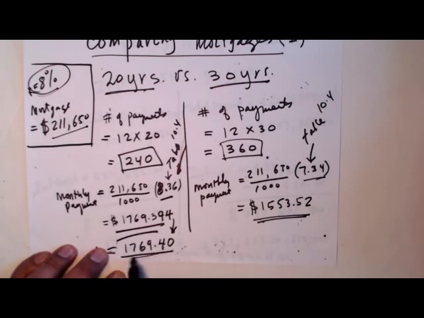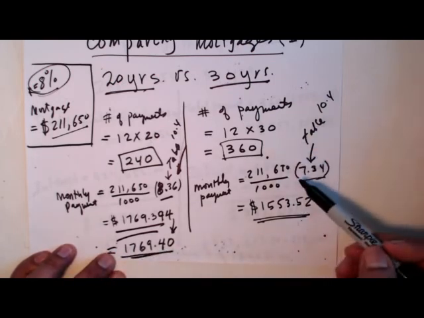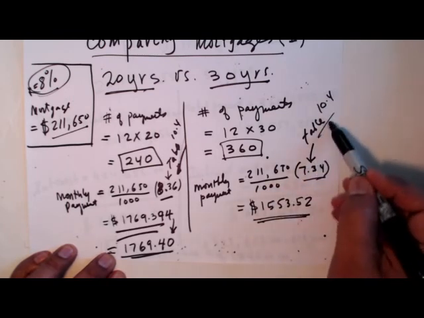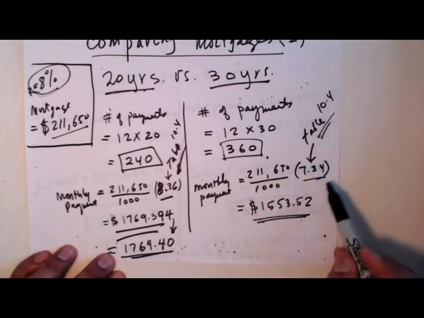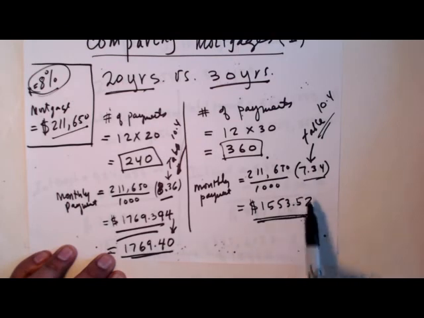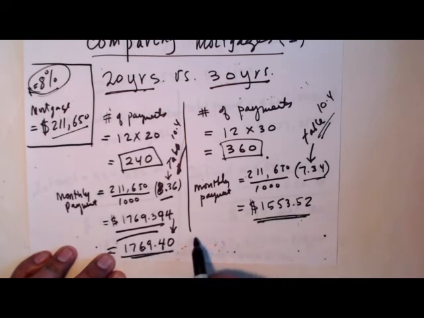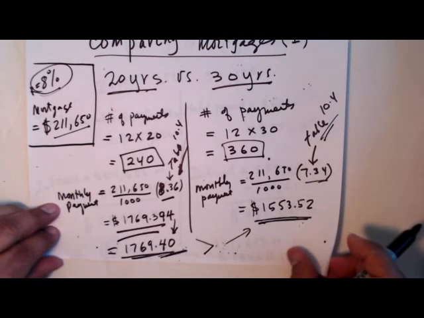And then here, we did this calculation before. This is from the table again. And then the number that we get for the payment for 30 years is 1533. You see this number here is higher than that, right? So this number is higher than this one. So you're paying more here every month.